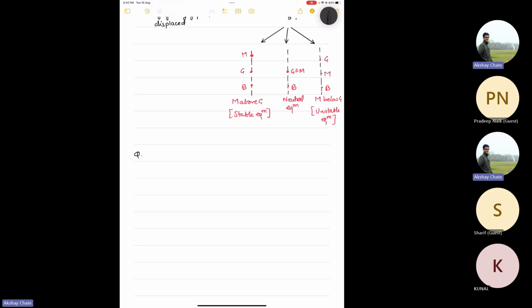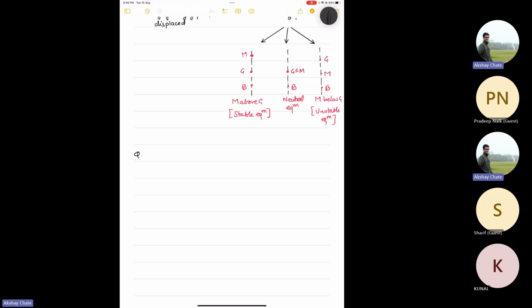I am taking a template, and maybe that will help us tackle any other similar type of question that is asked. This is a very common type of question.